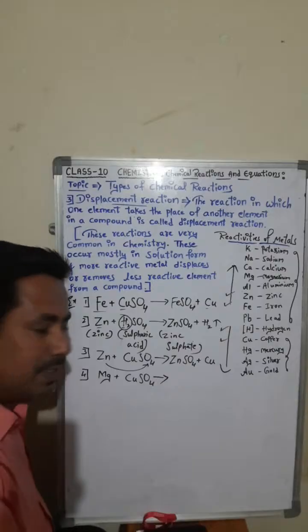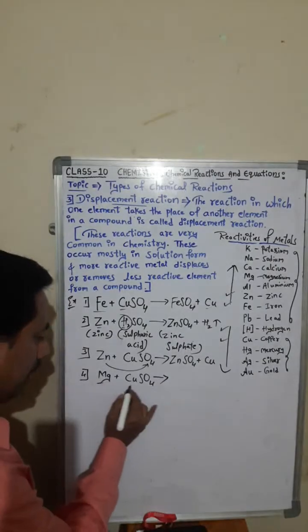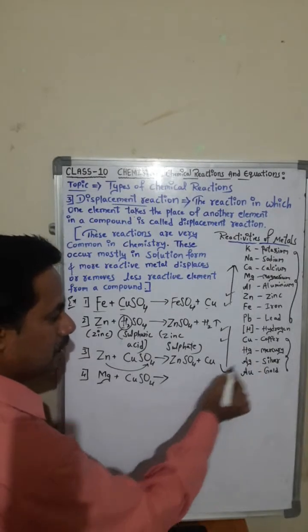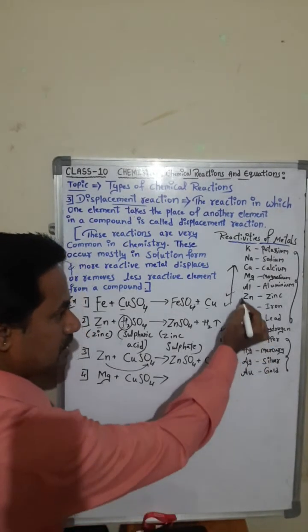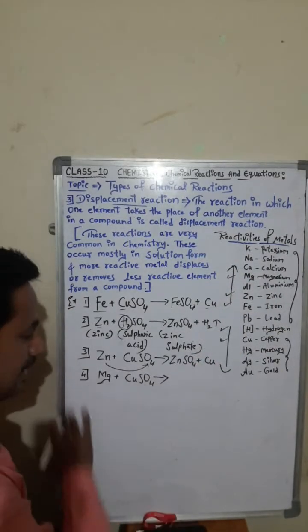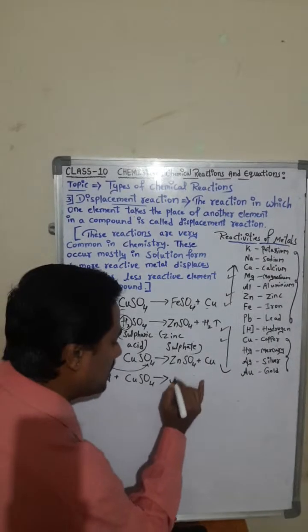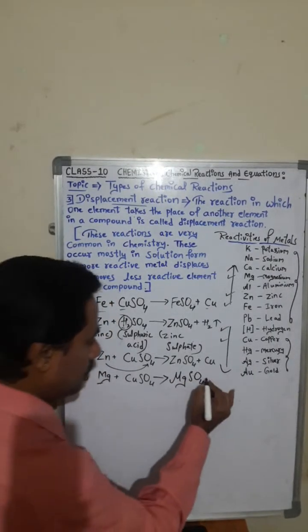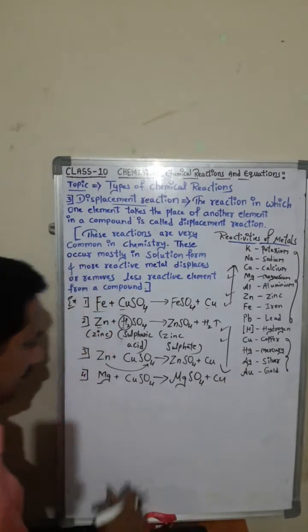Can you tell what happens? Magnesium is more reactive or copper is more reactive? Copper is here. Where is magnesium, students? Magnesium is here. So magnesium automatically displaces copper. So magnesium sulfate will form and copper will be separated.